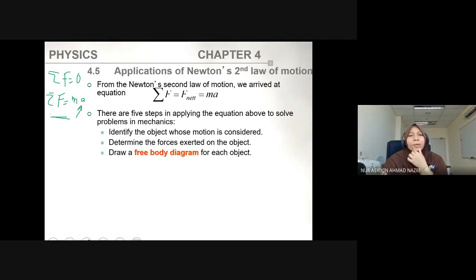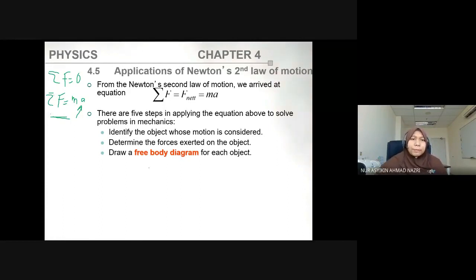The name is application of Newton's second law of motion, but we cannot separate it from Newton's first law, because most cases will also follow the first law, even if the case is the second Newton's law. Sometimes that first Newton's law helps us to find the other equation so that we can find the other unknown, or we can solve that problem.